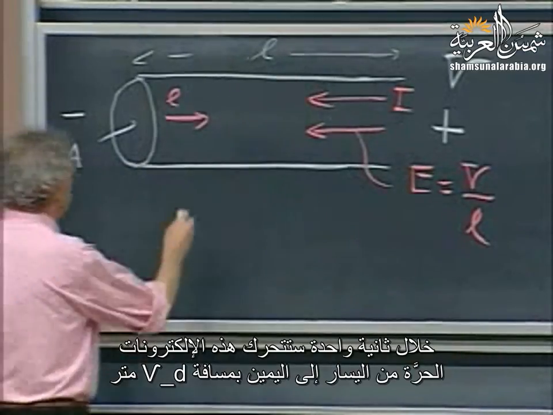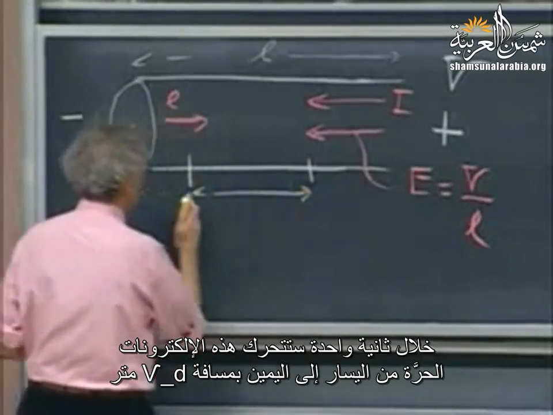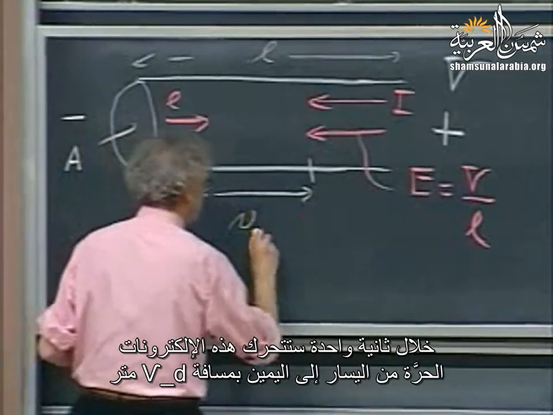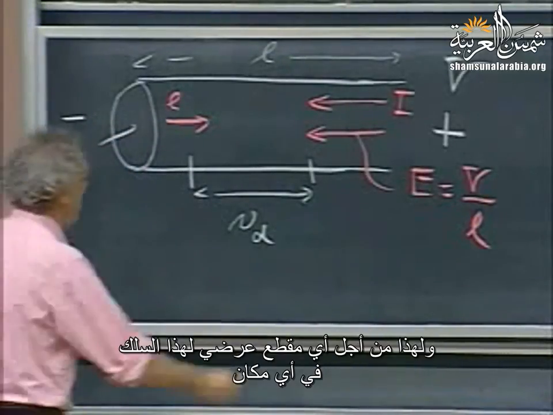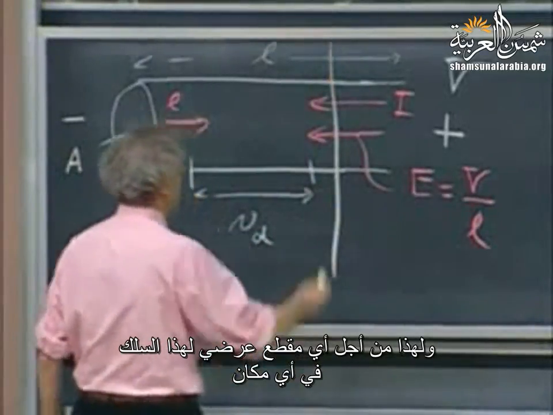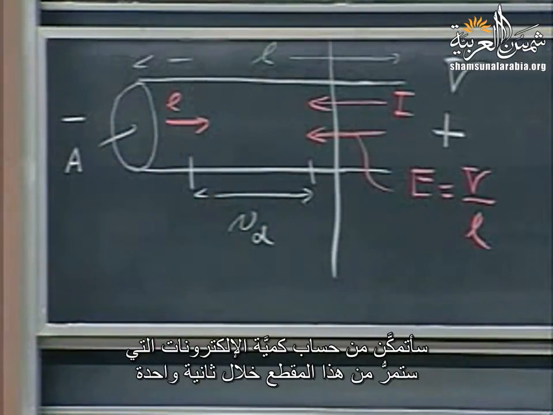In 1 second, these free electrons will move from left to right over a distance VD meters. So if I make any cross-section through this wire, anywhere, I can calculate how many electrons pass through that cross-section in 1 second.